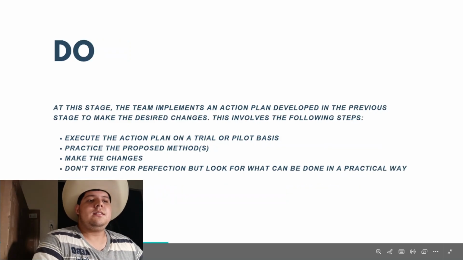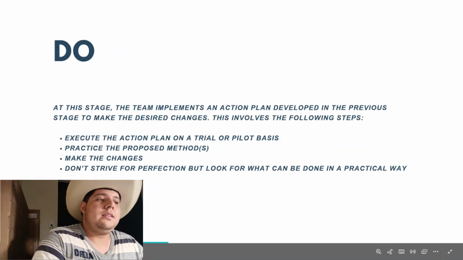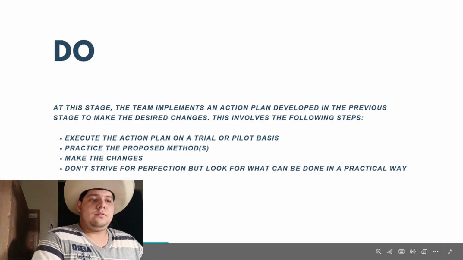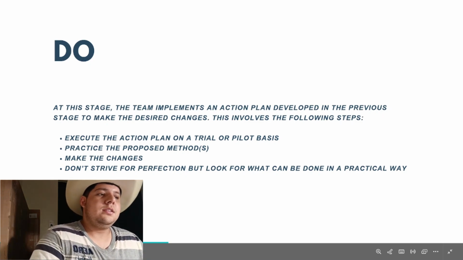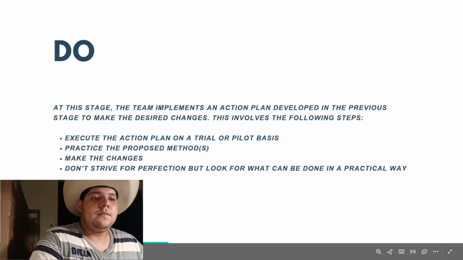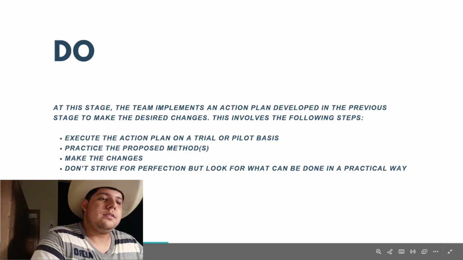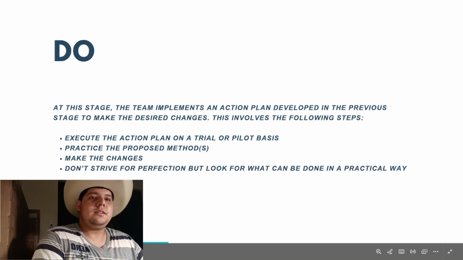Do. At this stage the team implements the action plan developed in the previous stage to make the desired changes. This involves the following steps: execute the action plan on a trial or pilot basis, practice the process methods, make the changes, don't strive for perfection but look for what we can do in practice.